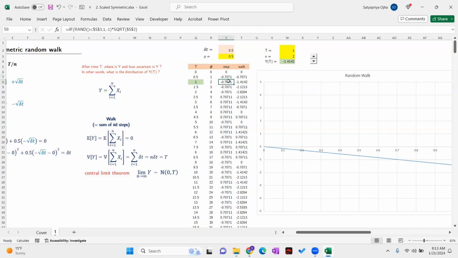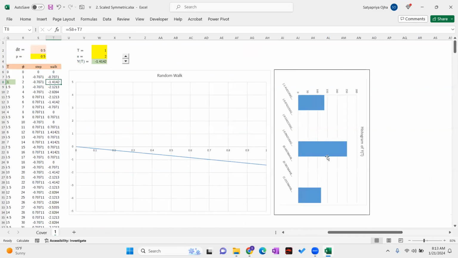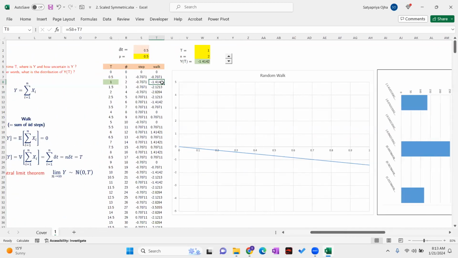And in 2 steps, obviously, the 4 different combinations are possible. But ultimately, your walk will have the same 3 different values, and this is the histogram. Exactly something similar to what we had in the simple symmetric random walk, but the values would be different because your step sizes are different. Okay.